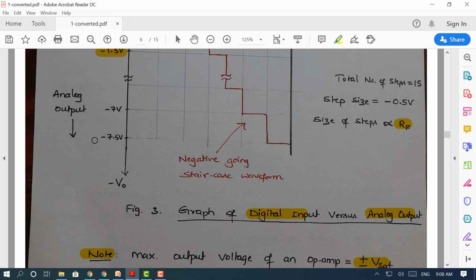In our example of a 4-bit digital to analog converter, the maximum voltage, when the combination is 1111, is minus 7.5 volts. This has to be ensured to be less than plus VCC and minus VEE.